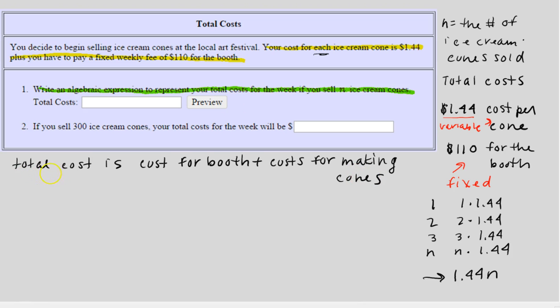Okay, so total cost equals, the cost for the booth was $110 plus the cost for making the cones. We said $1.44 per cone, where n is the number of cones, so 1.44 n. So this is our algebraic expression.